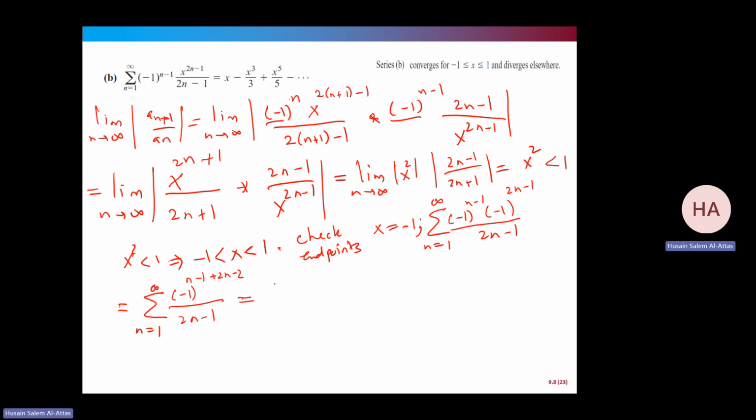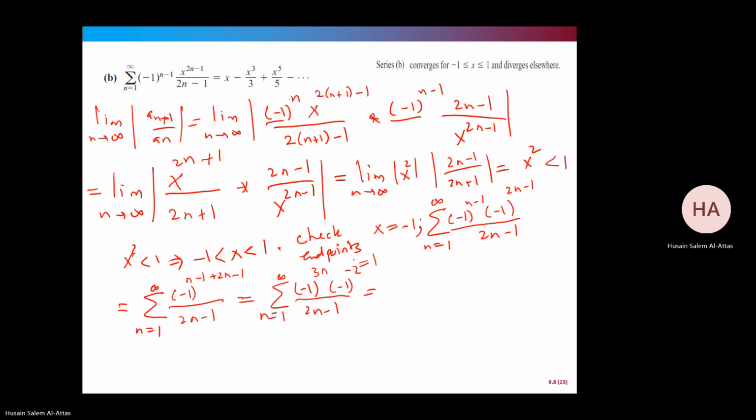Let me do it in steps. The summation n equal 1 to infinity over 2n minus 1.